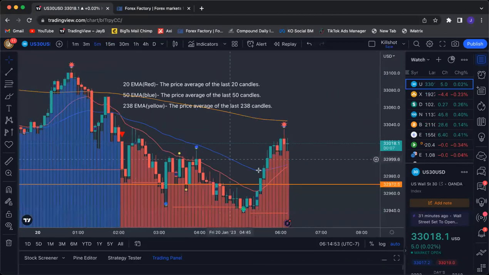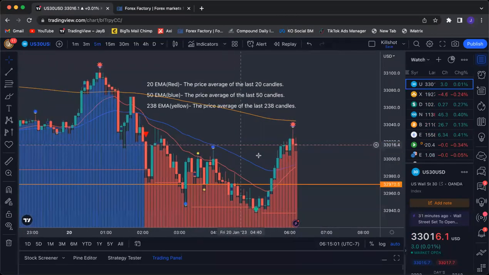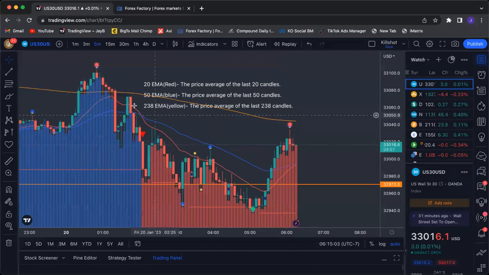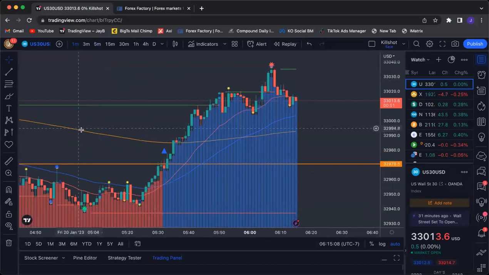Okay, so we have the transfer over from this blue, which is just going to give us on that 1-minute chart another reversal level, right? This blue EMA. So our 50 average on the 5 is this 238.